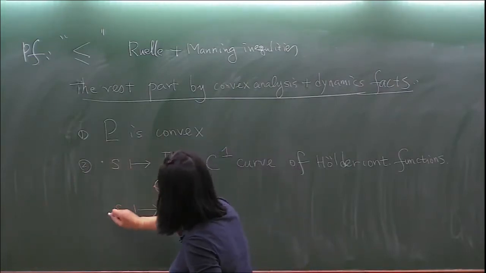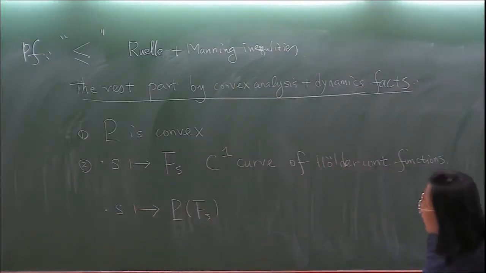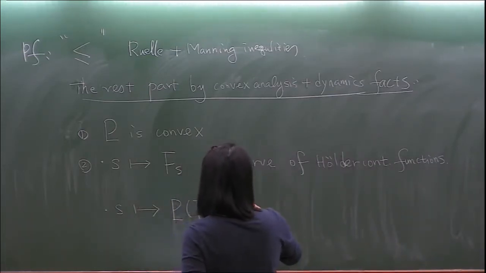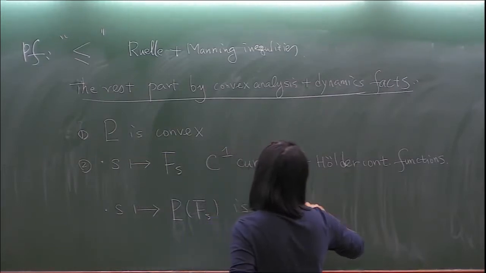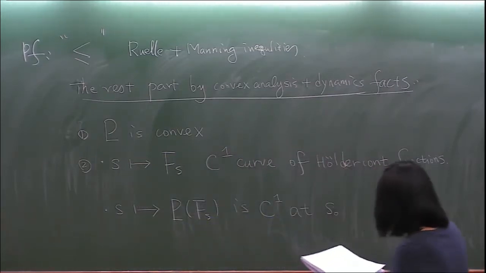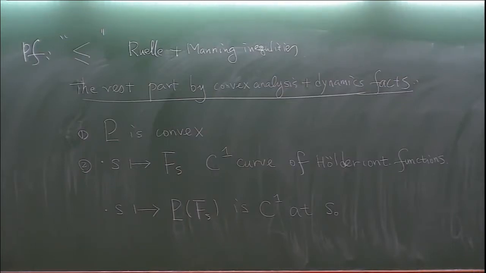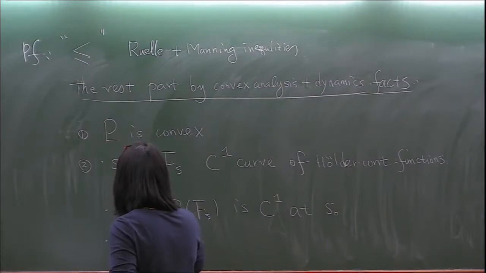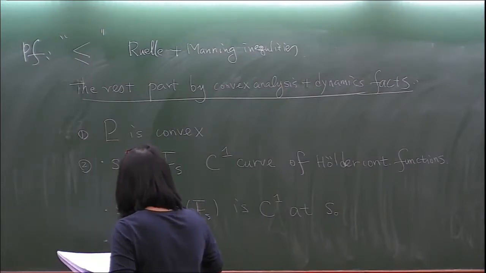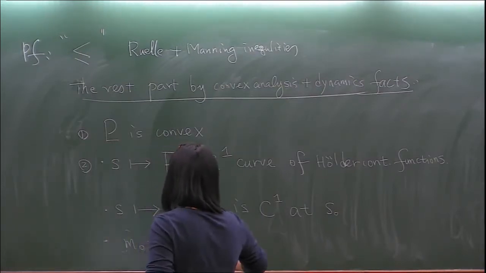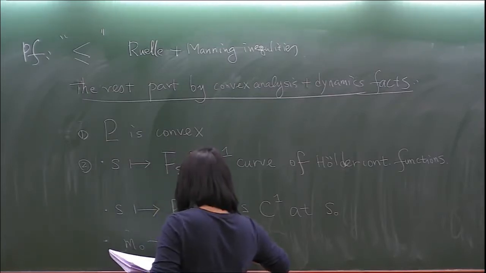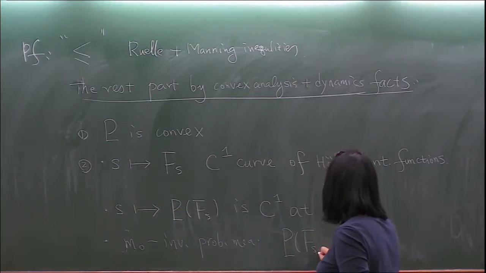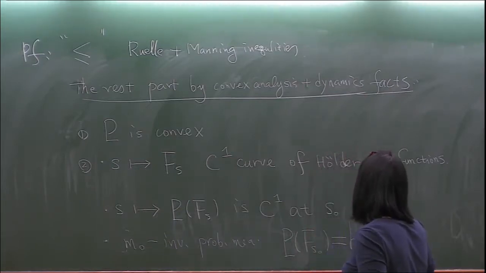So in general you see if you know this s goes to the pressure of Fs is C1 at s0, and you know this mu naught is an invariant probability measure, so that P of Fs naught will be equal to this one.